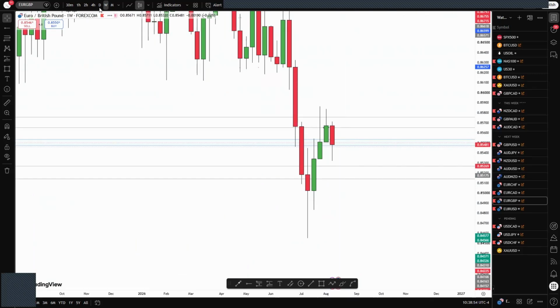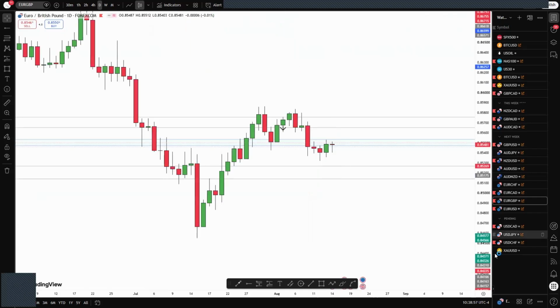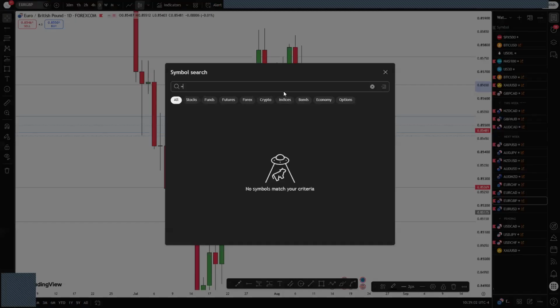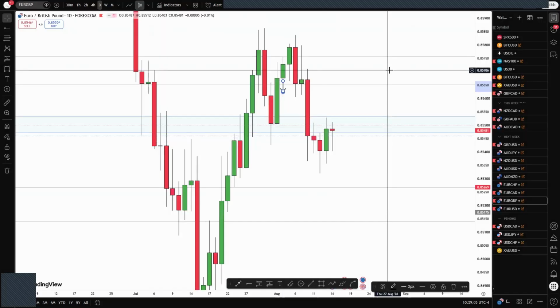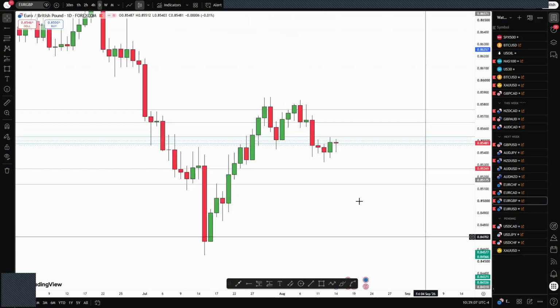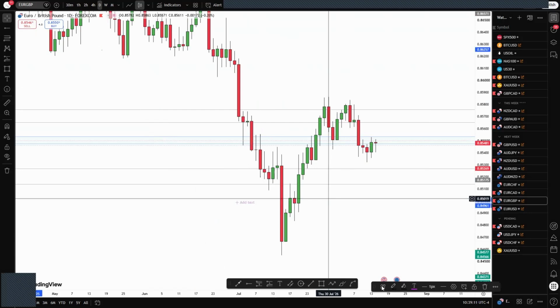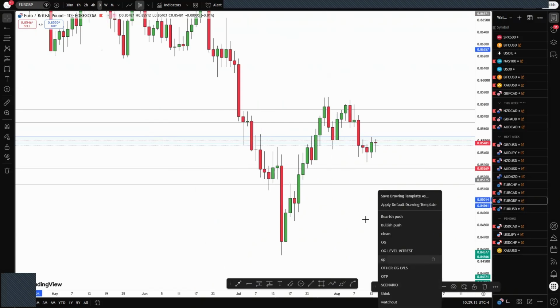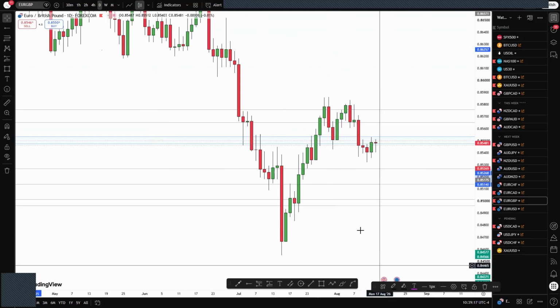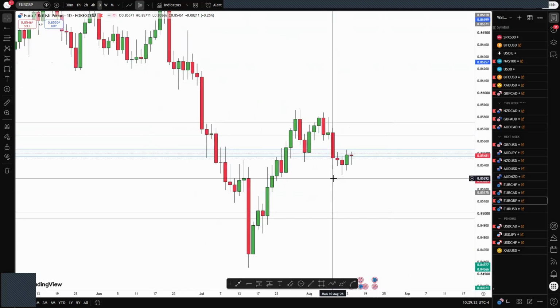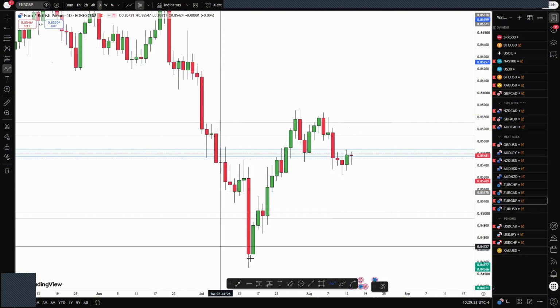Now let's do the daily time frame. This is the trade data. Since we're at this point now, we can see what price has done is this.